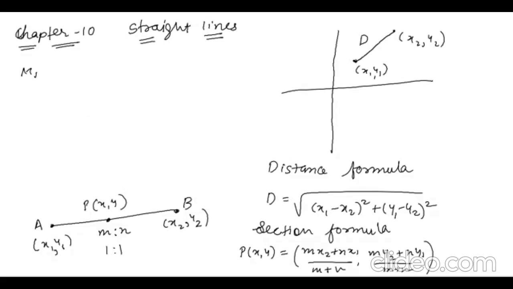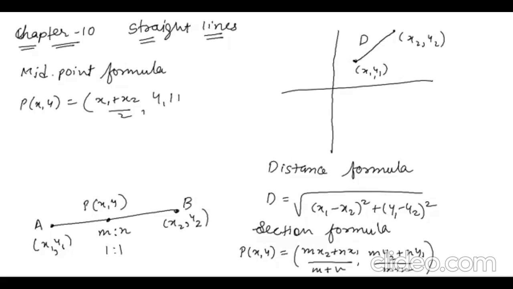Your midpoint formula is P (x, y) equals (x1 plus x2) by 2, (y1 plus y2) by 2. This is your midpoint theorem or midpoint formula.